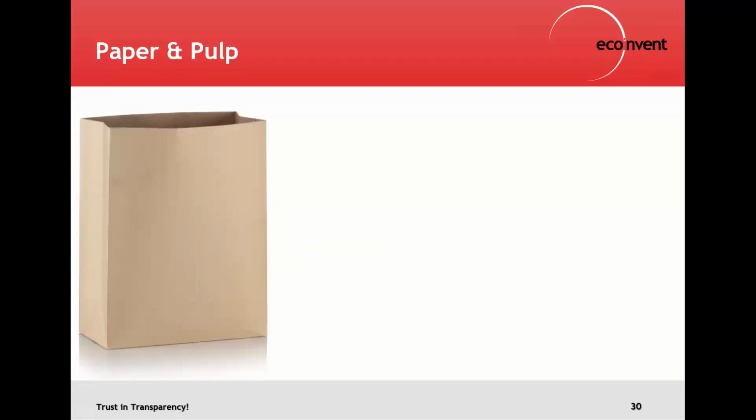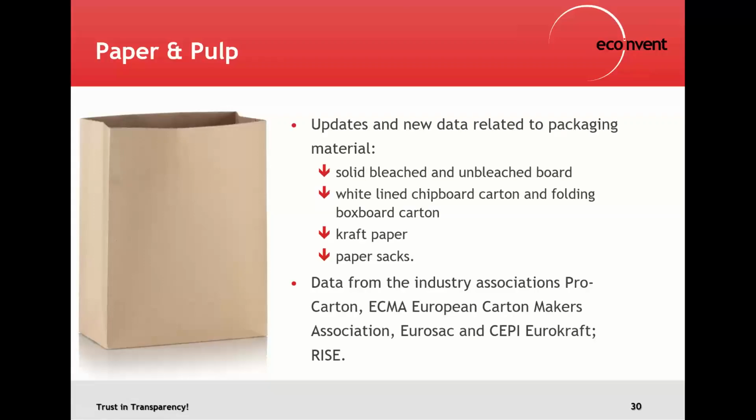In the paper and pulp sector, the updates and additions that have been made are all around packaging materials. This is a piece of work that was done together with the industry associations Pro Carton, European Carton Makers Association, Eurosac and CEPI, and with the collaboration of RIS, which was bringing the data into the database.